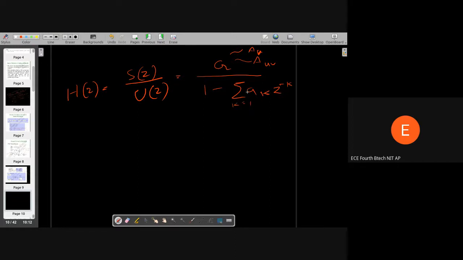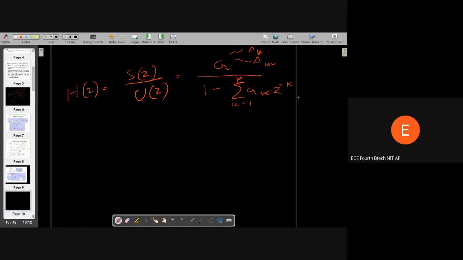It depends upon how many poles you have modeled, how many resonators you are modeling in your vocal tract. Based on that, this number comes up. So k equal to 1 to some p. That calculation you will have to do.